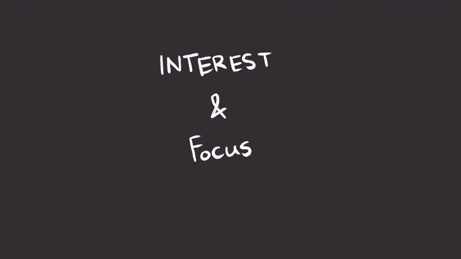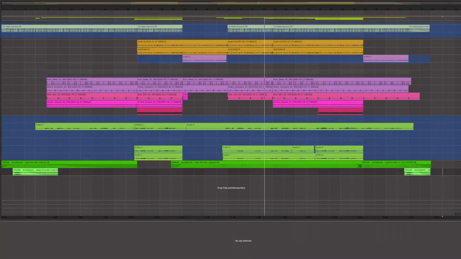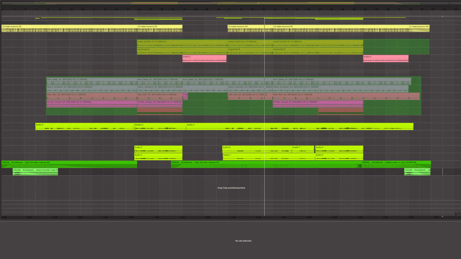We can use it for interest and focus. The big would be the vocals and or lead melodies. Medium would be drums and the chords. Small could be some little sound effects.